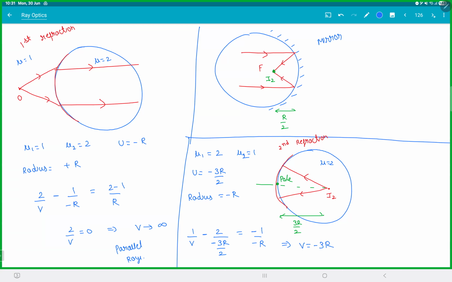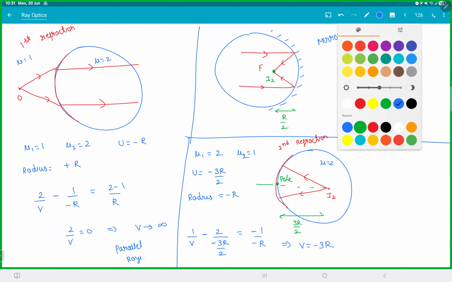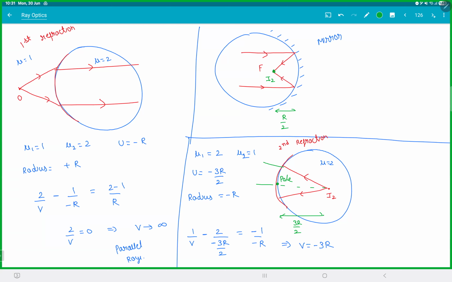Got this? So what is the meaning of minus 3r? The light rays have become like this. If you trace them backward, they meet somewhere here. This is I3. And this distance is 3r from here.